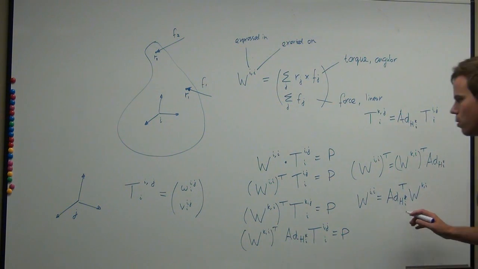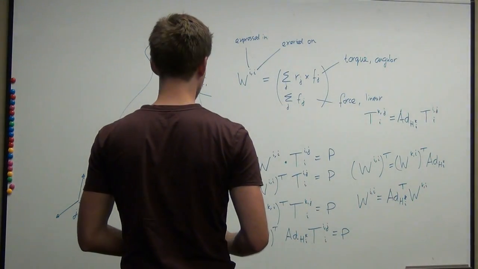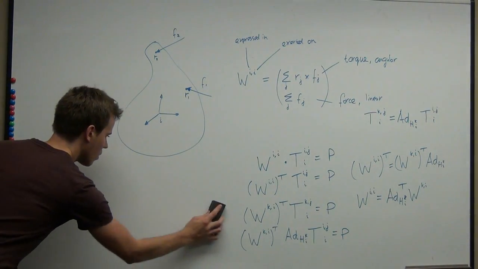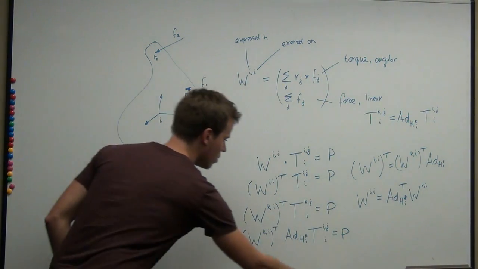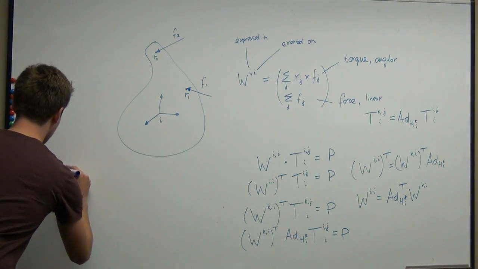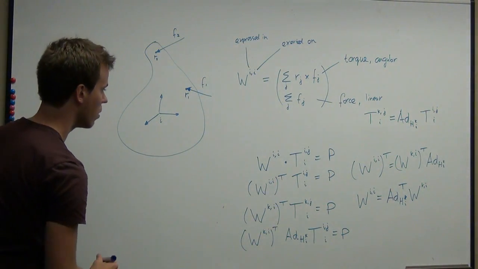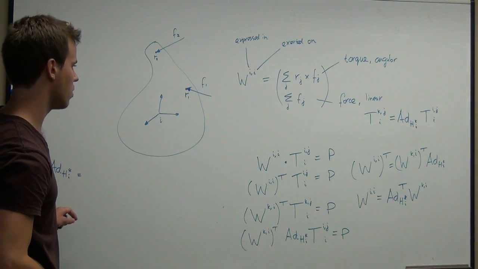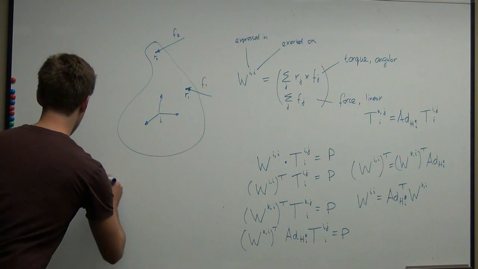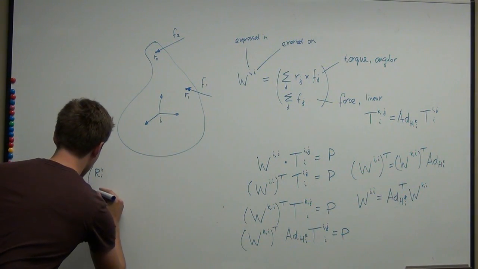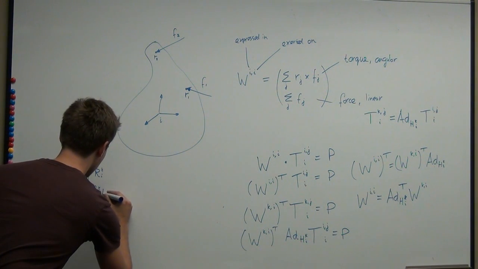And so what does this mean? Let's see. Erase this. So we had the adjoint of H_K,I. That is just R_K,I, P hat_K,I R_K,I.